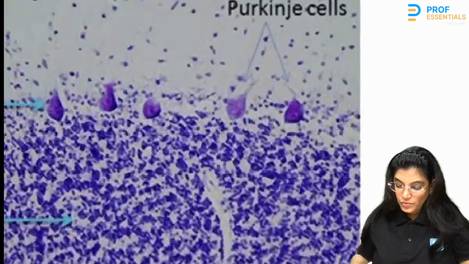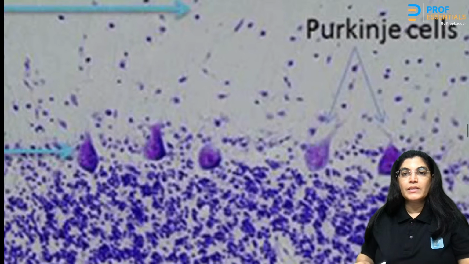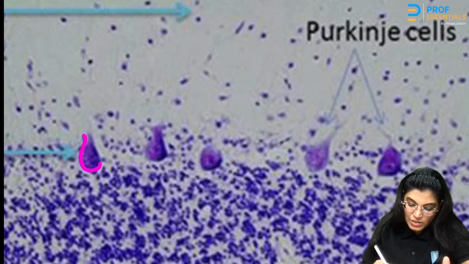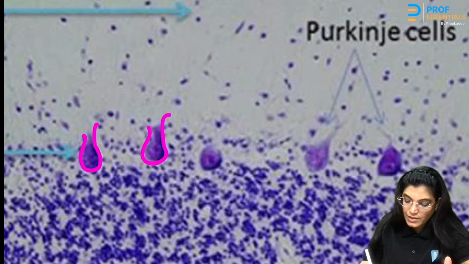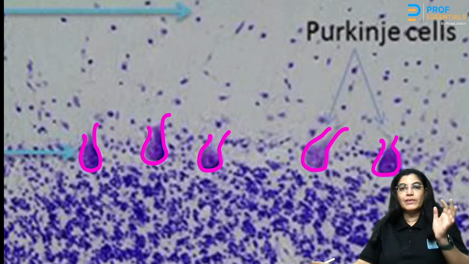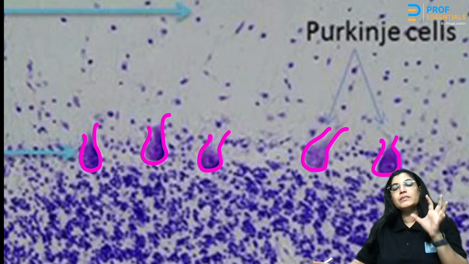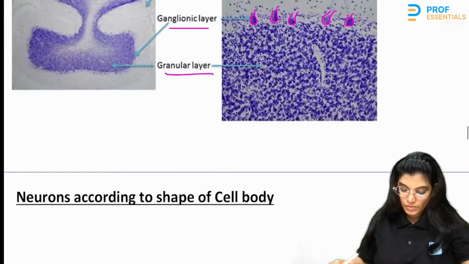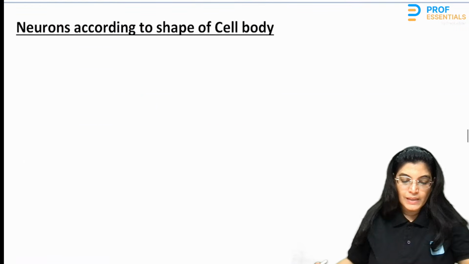In the high power view, if I enlarge this, can everybody appreciate the Purkinje cell layer of the cerebellum? Can you see the flask-shaped cells? This has also been asked as an image-based question in various competitive exams. These flask-shaped cells are Purkinje cells. Okay, so done.